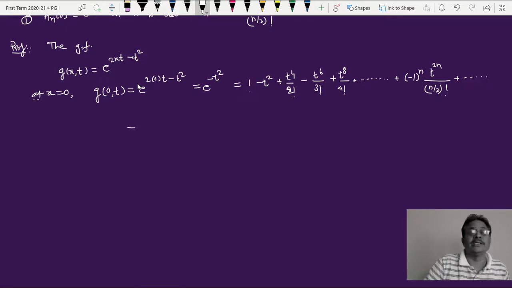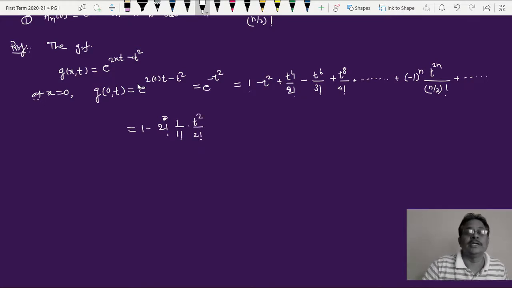Now let's rewrite this in the following manner: 1 minus 2 factorial into 1 upon 1 factorial into t square upon 2 factorial.